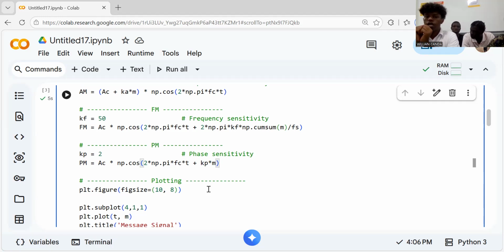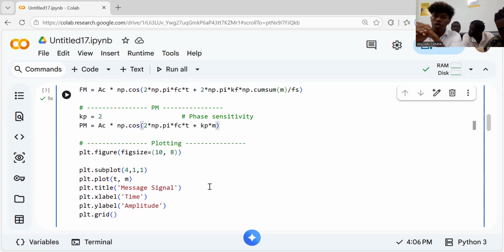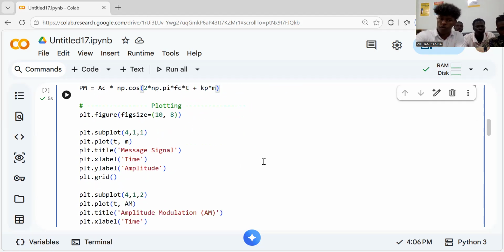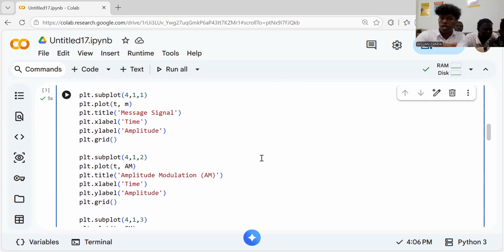For the plotting, now we try to convert these values to figures using the second library, which is Matplotlib. We have the figure, plt.subplot, plt.plot, and plt.title.